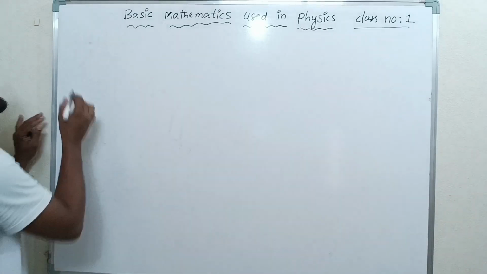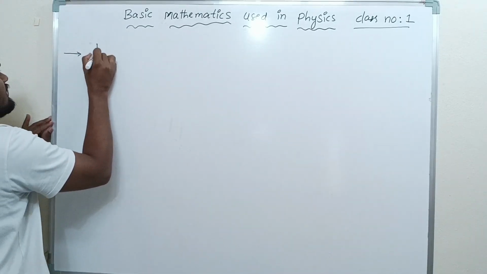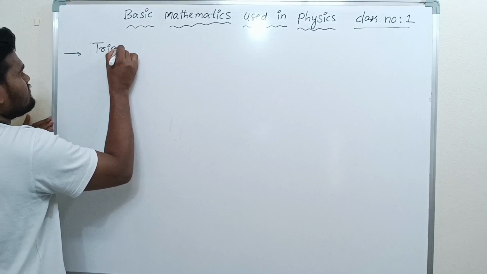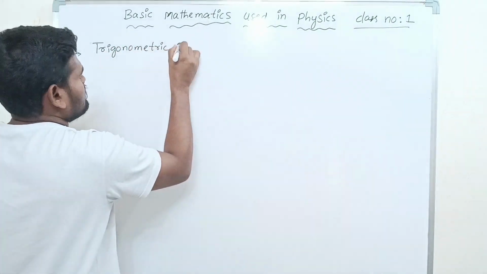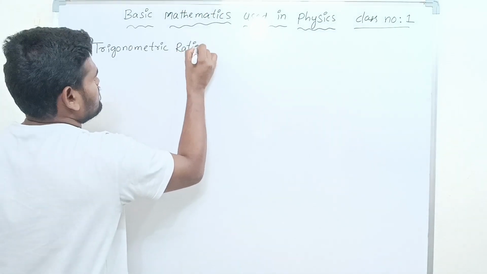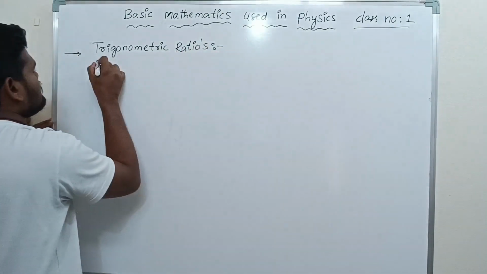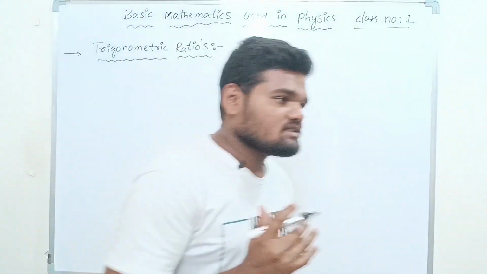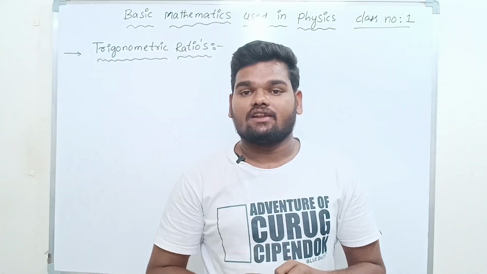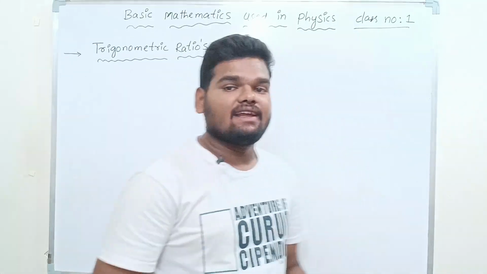So the first topic is trigonometric ratios. Before going to discuss trigonometric ratios, we should know about a right angle triangle.